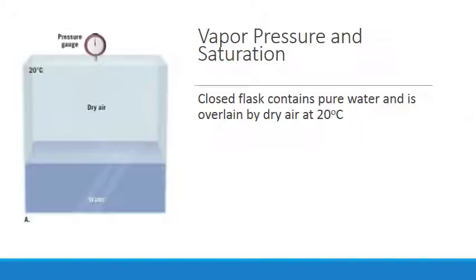So we can determine the moisture content of the air from the pressure exerted by the water vapor. To understand how water vapor exerts pressure, imagine one of these closed tanks, and inside the tank is nothing but pure water and dry air at 20 degrees C.